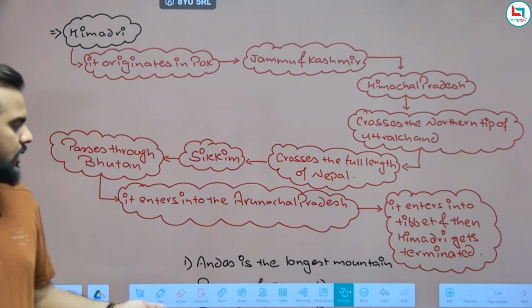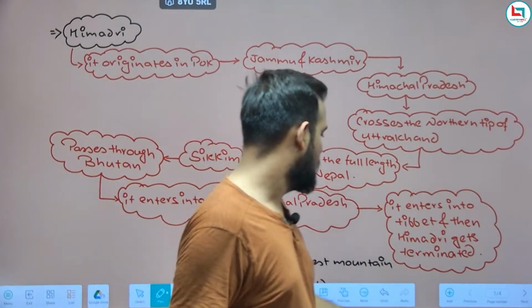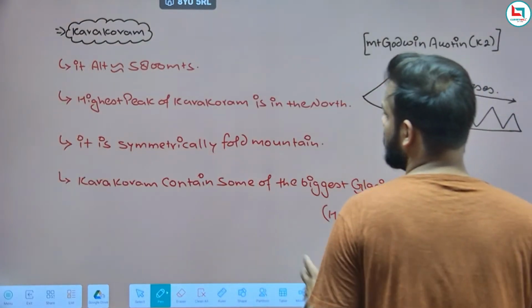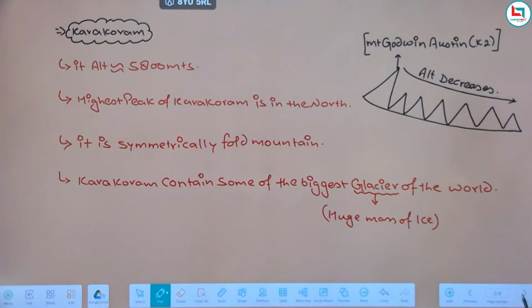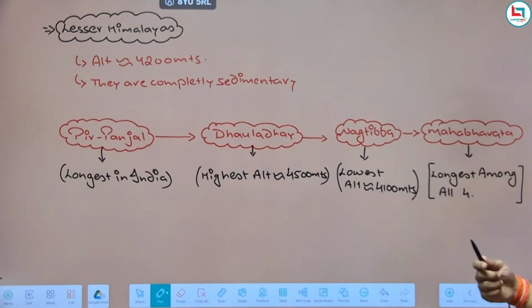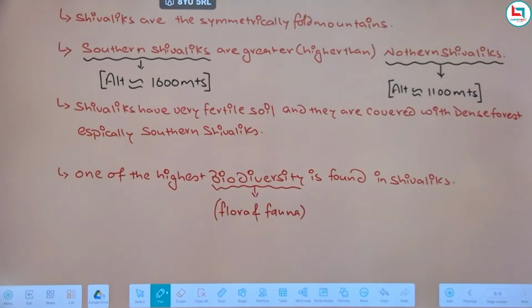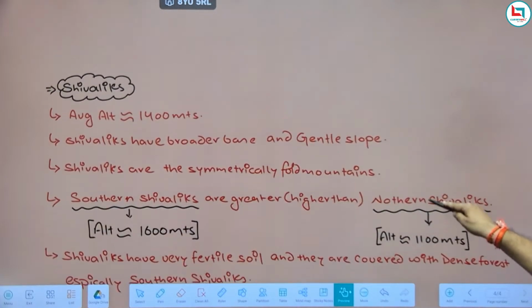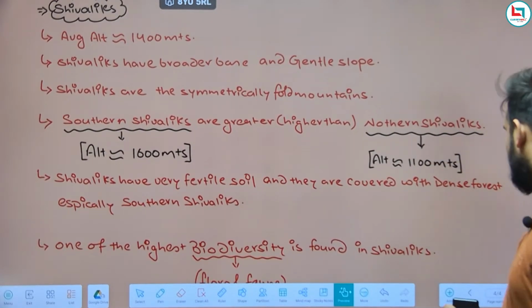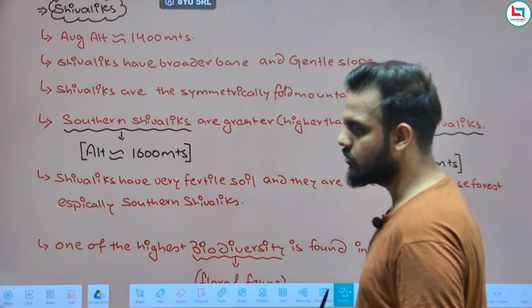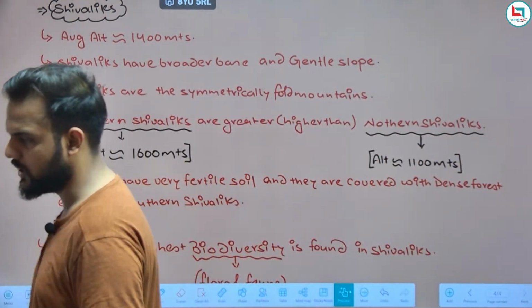After this, we talked about the Karakoram mountain ranges and their characteristics. Then we talked about the lesser Himalayas or Pir Panjal. Next, we talked about the Shivalik mountains. So these are the things that we had talked about in today's class.